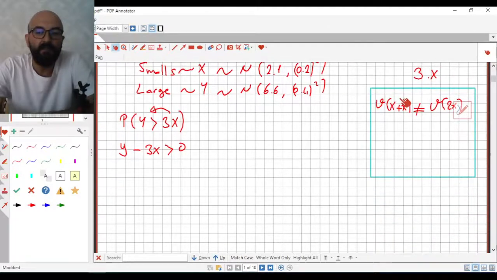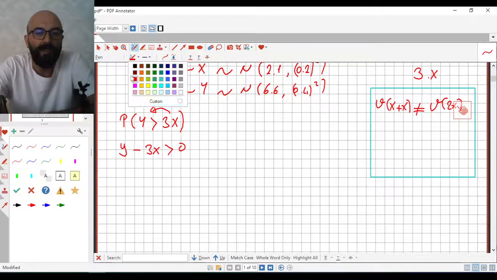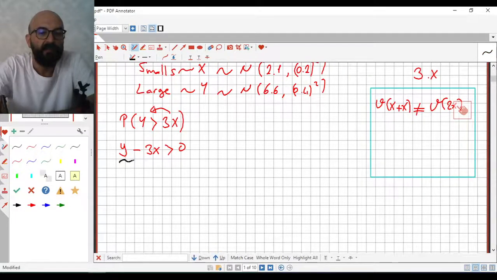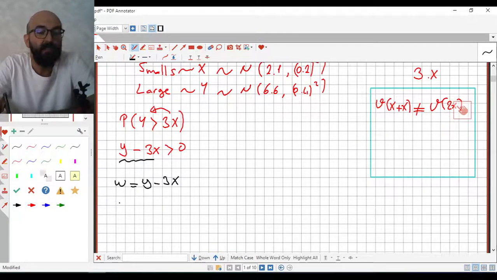In the first step, I want to give a name to this process. For example, w equals y minus 3x, and I want to find its expectation.